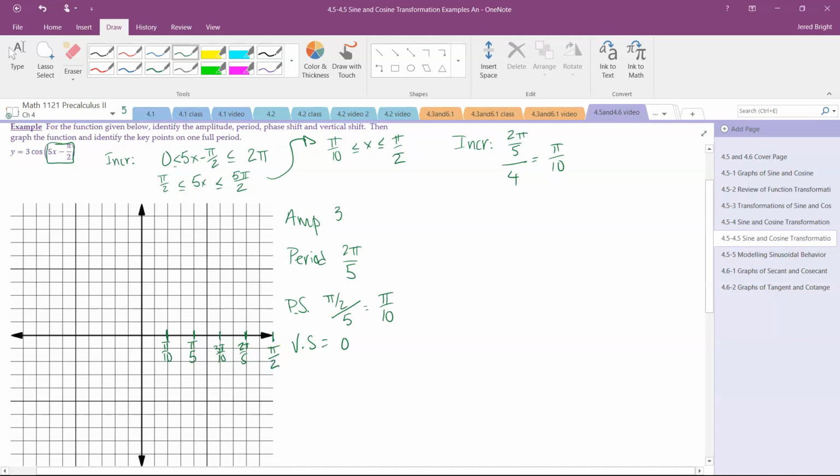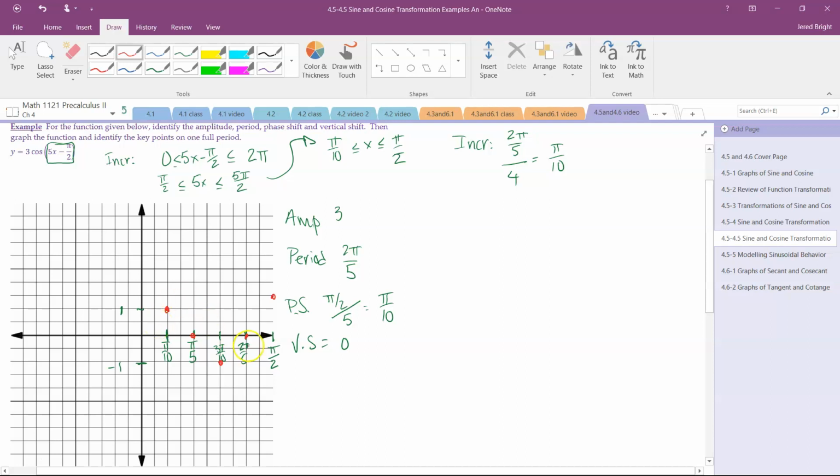Okay, and then what I know is that in this range of horizontal values, if I think about my normal cosine graph, let's call this 1 and this -1, that cosine should follow that maximum, 0, minimum, 0, maximum pattern with its key points. Okay, you can confirm this.